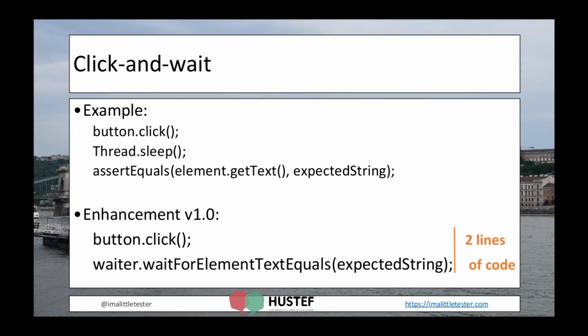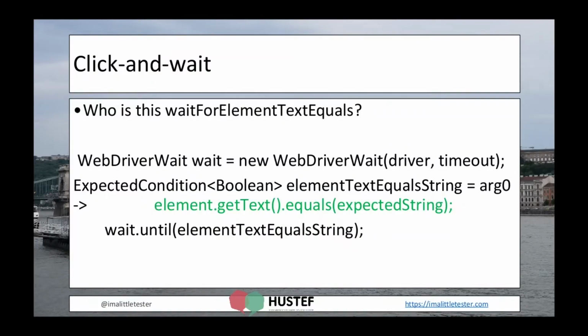An enhancement to this approach would be button.click, and then you could create a custom wait method, which would say wait for element text equals a value. Who is this wait method here? It's nothing more than a very simple wait method, which just says element.getText.equals some string.